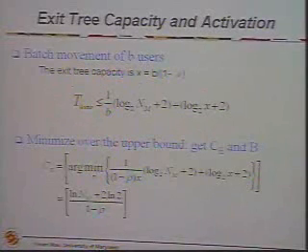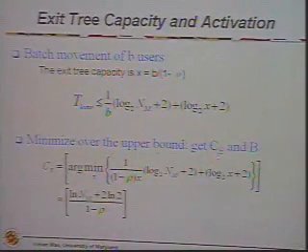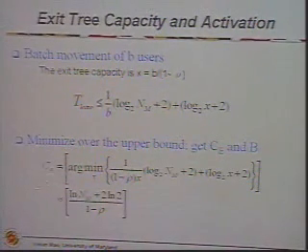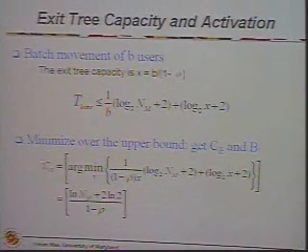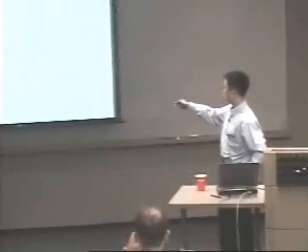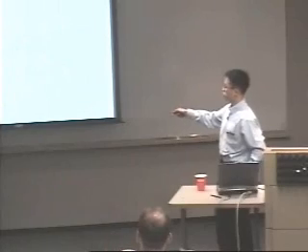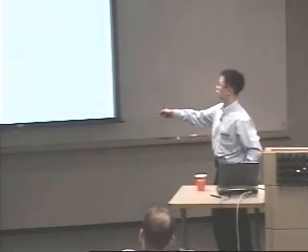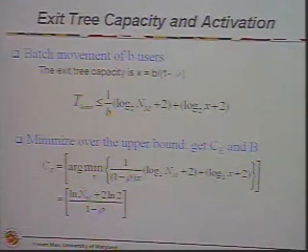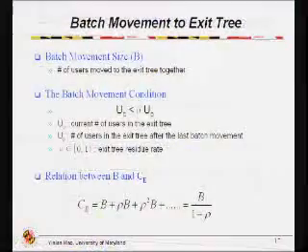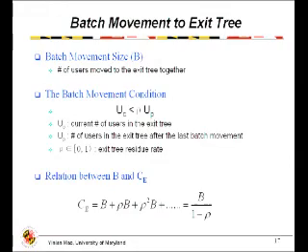We minimize over this upper bound to get C sub E, or this B. The exit tree capacity is chosen as the argument minimum of this upper bound, rounded to the nearest integer. It's also at the natural log scale of the group size n, divided by a factor.